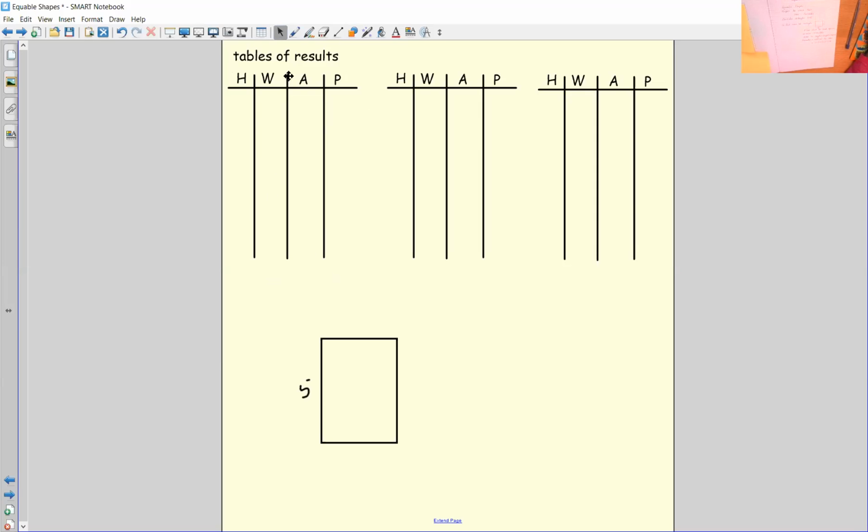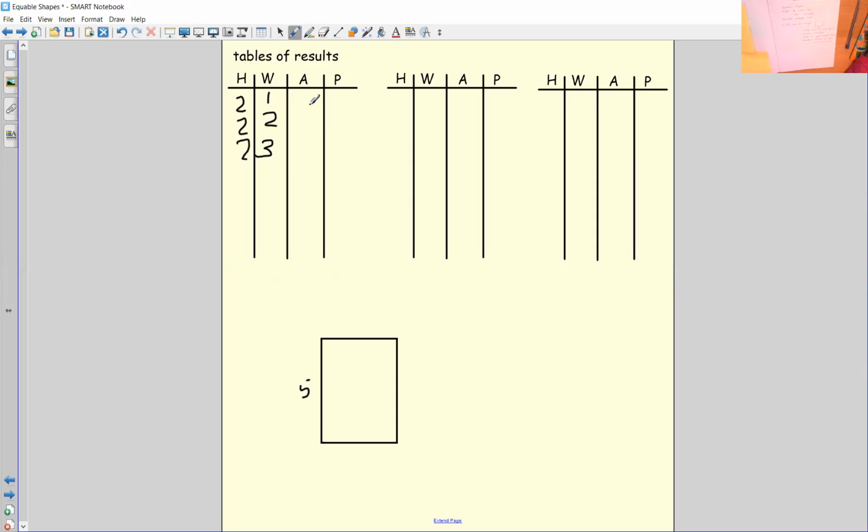And in the table today, I want you to start with, let's say, a height of 2. Keep the height the same all the time and change the width.